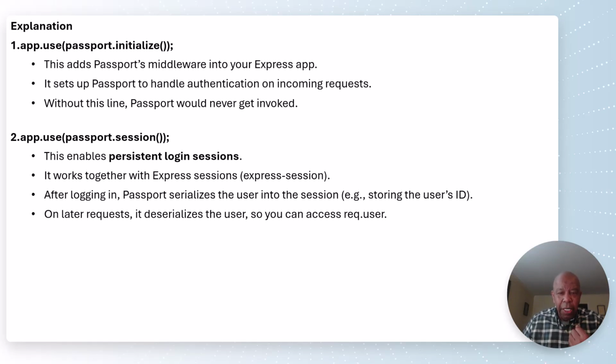After logging in, Passport serializes the user into the session. Remember, a small piece of information identifies me. On later requests, it deserializes the user. So we go through that process of getting that little piece of snippet code that identifies me. Then once I'm finished, that information will be deserialized, which means we're getting ready to delete.